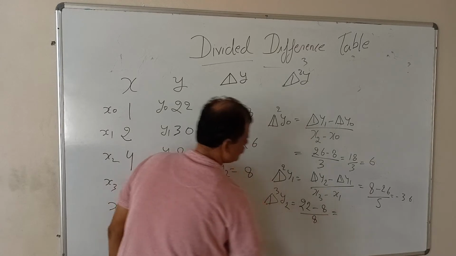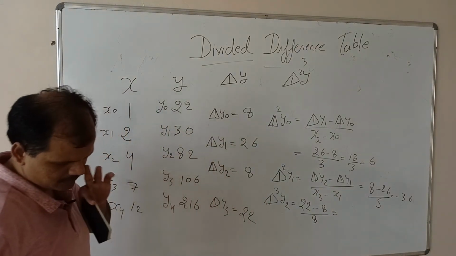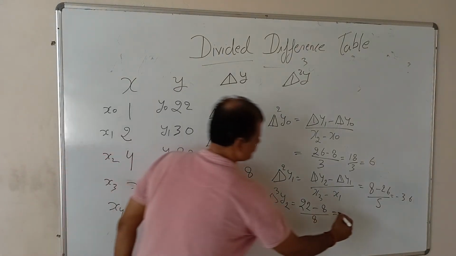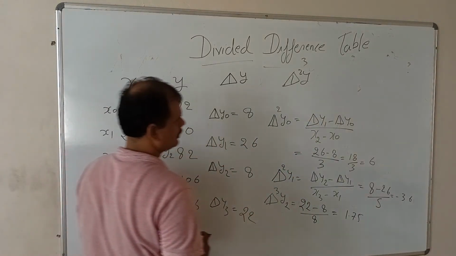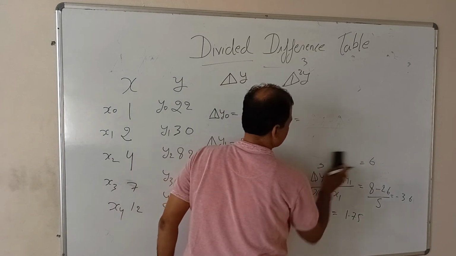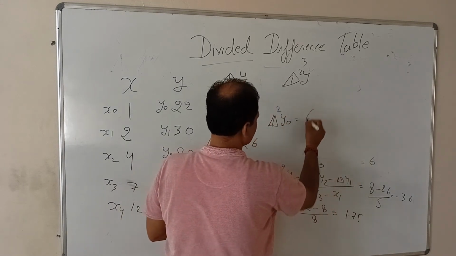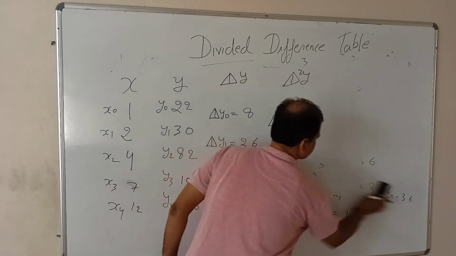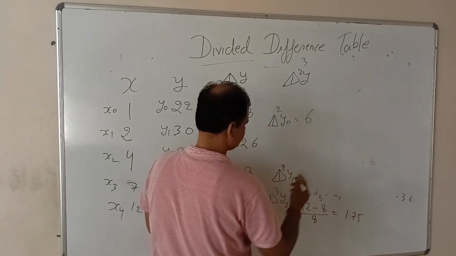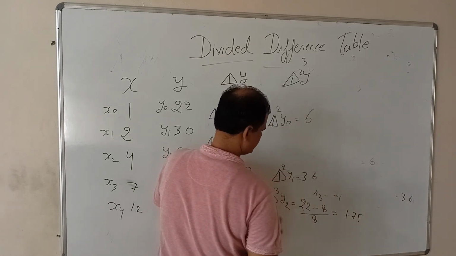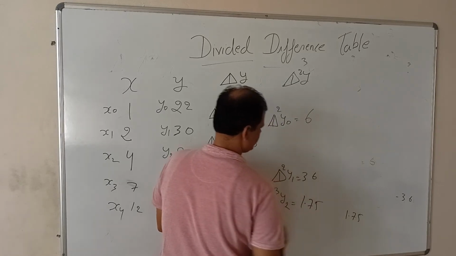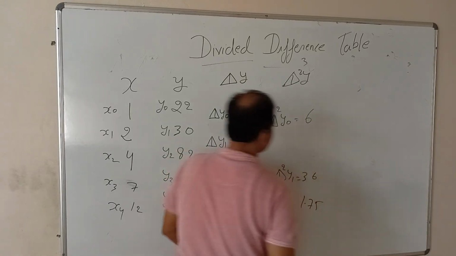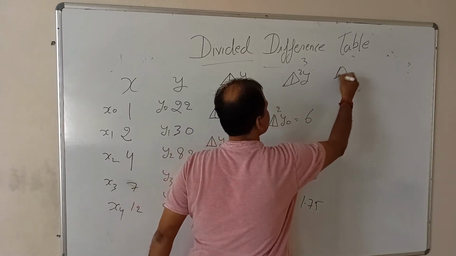So we have 1.75. So this is your delta square: y0 I have 6 here, delta square y1 is minus 3.6, and this is the 1.75. Fine. Now let us see the cube.